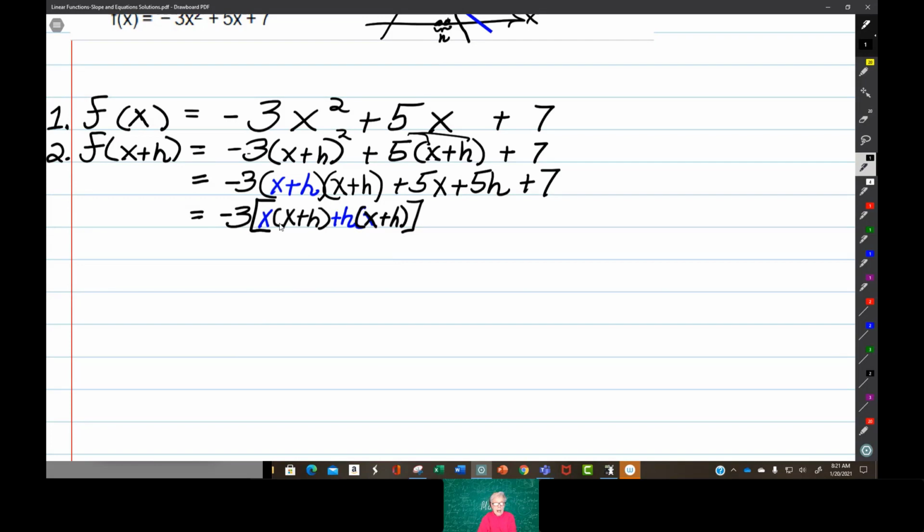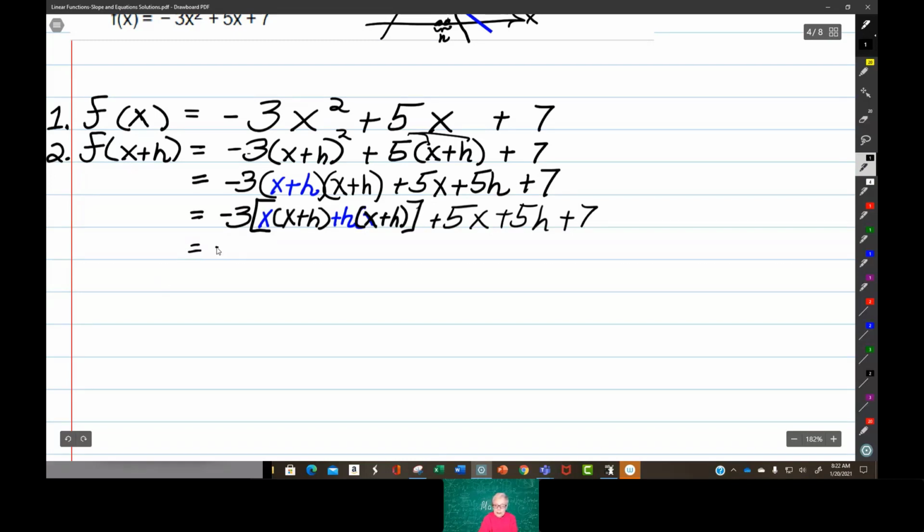All right, and I just used brackets because I've got parentheses on the inside. I didn't want to use nested parentheses, and so it's just easier visually to have a different set of parentheses shaped differently. Okay, meanwhile, I write the rest. 5x plus 5h plus 7.